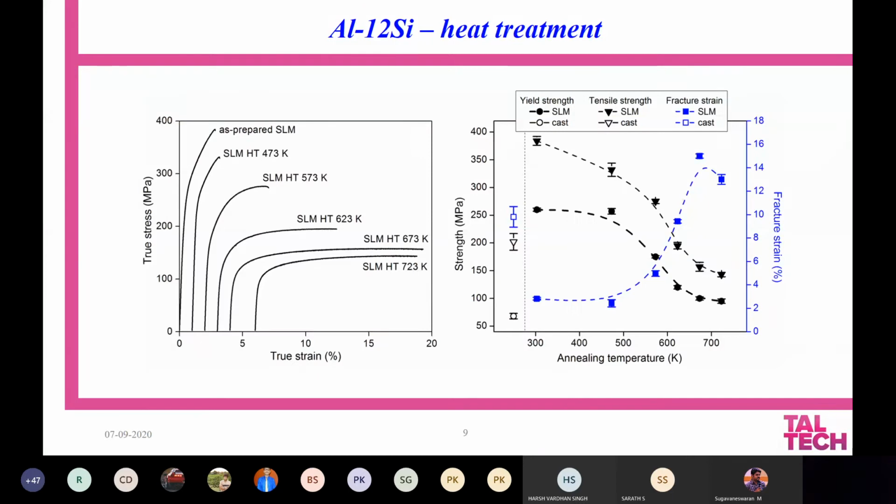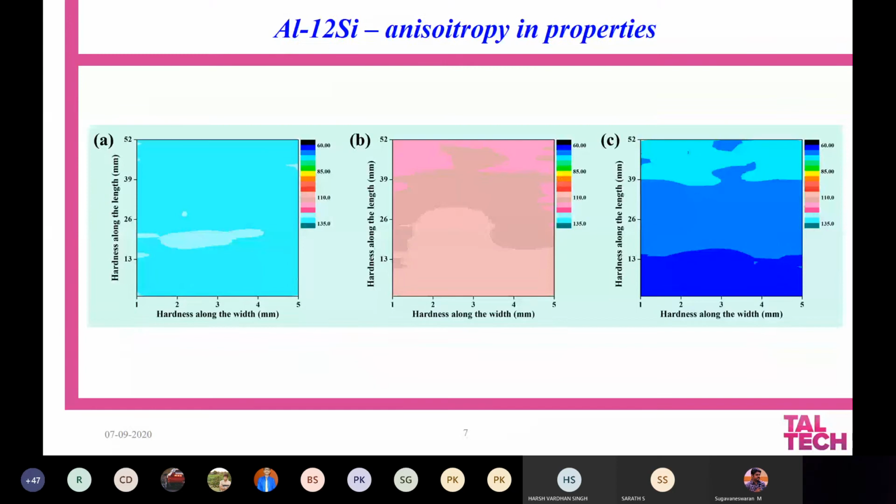Since we are thermally treating it and the microstructure is changing from nano size or submicron size to micron size, it will have an influence on the mechanical properties. So whenever you treat a material thermally, you are going to degrade the mechanical properties of the material. For instance, here you can see the tensile test made for the aluminum silicon sample produced by selective laser melting, which has the best properties, which we have already seen here.